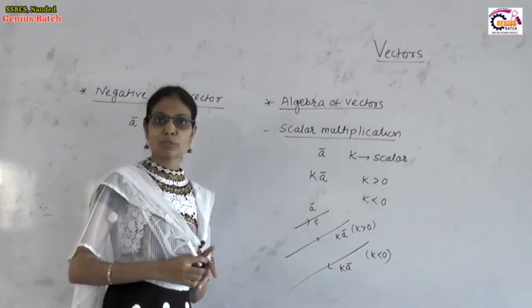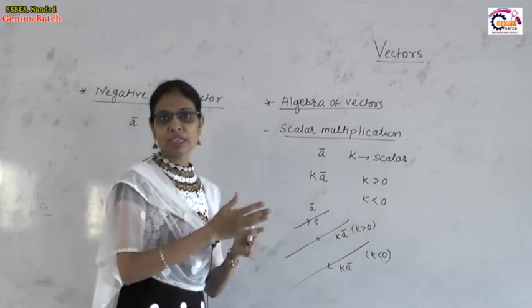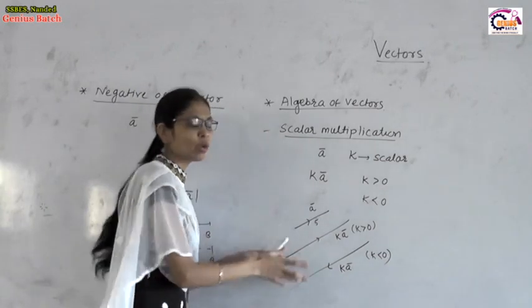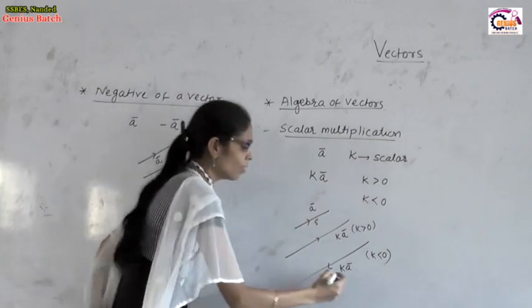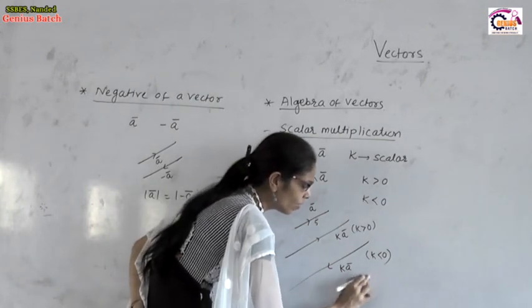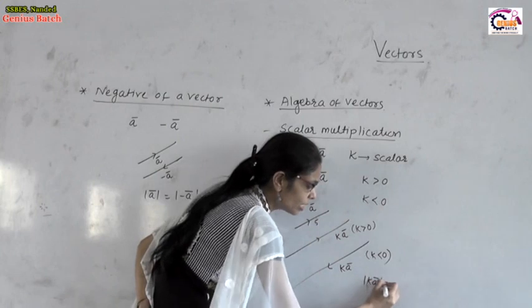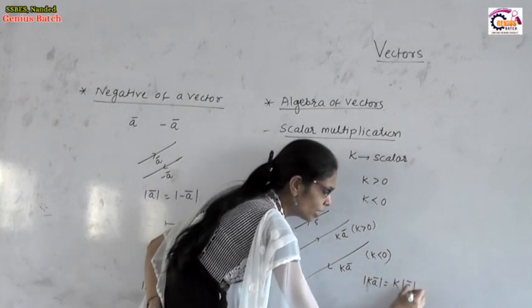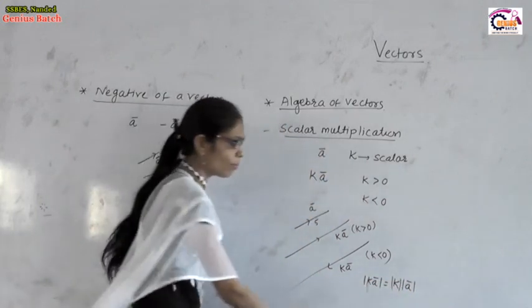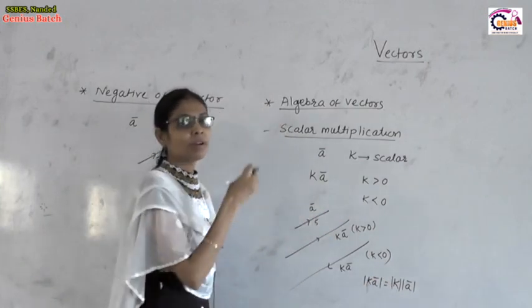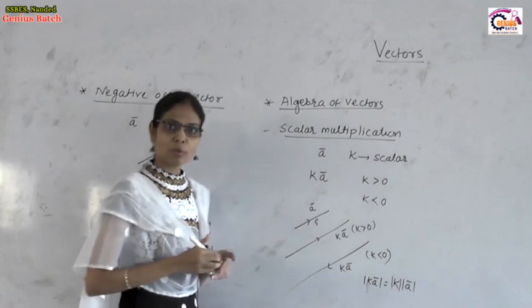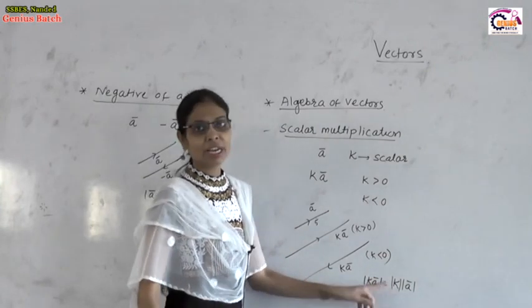If k is positive, k vector A will be in the same direction. In both cases, the magnitude will be |k| times the magnitude of vector A. Magnitude of k vector A is |k| times the magnitude of vector A. I am writing k in mod because it may be positive or negative, but the magnitude must be positive, so that's why I am writing k in mod.